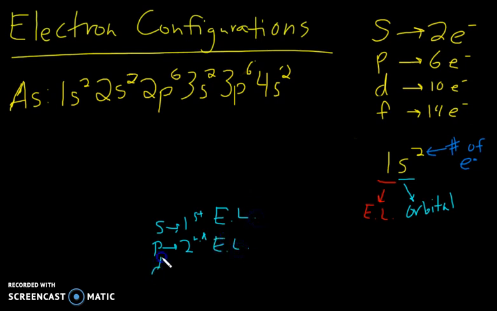For d, it starts in the fourth row of the periodic table, so you'd think that it would start with 4d, but actually it follows a pattern where it'll actually start in the third energy level. And this is why, as we're going to talk about valence electrons later, that section doesn't contribute to our valence electrons. And F, even though it doesn't start until the 6th row, it'll be in the 4th energy level.